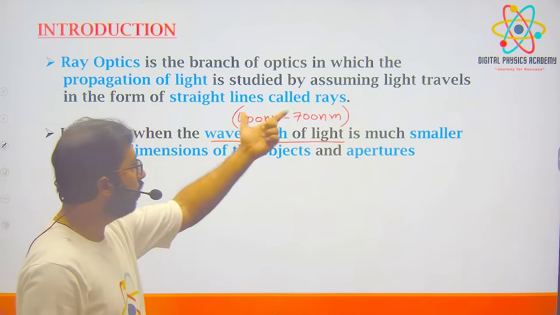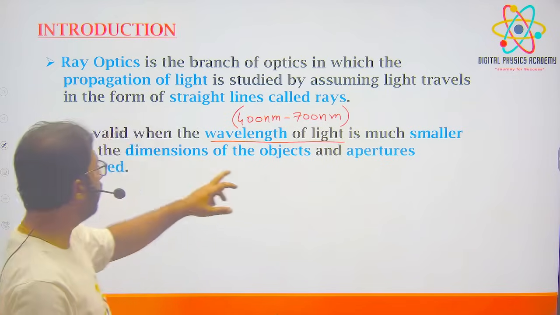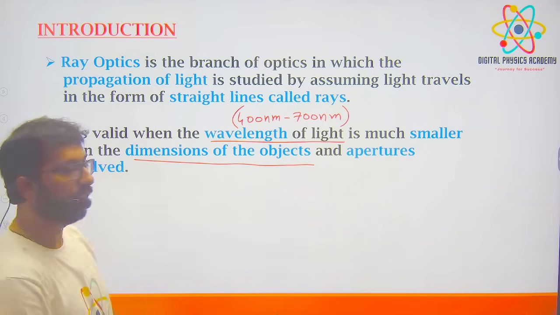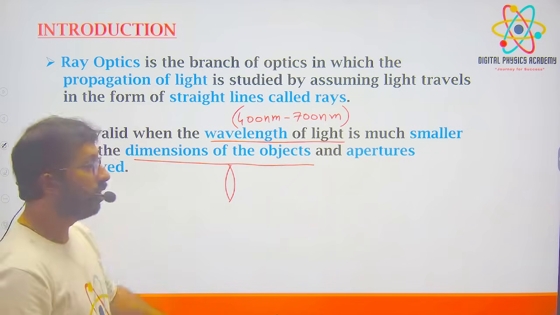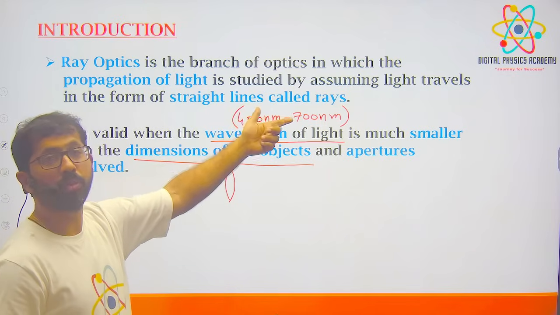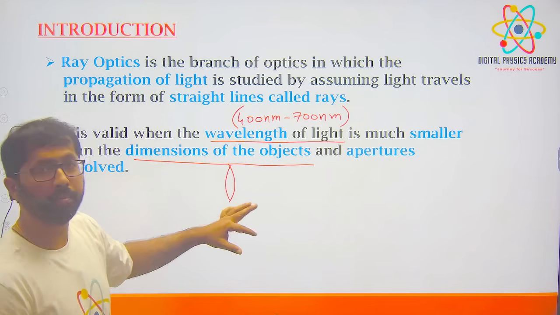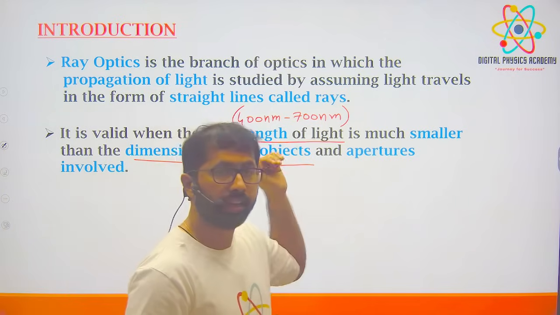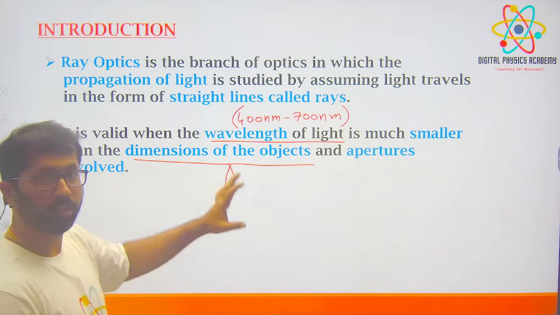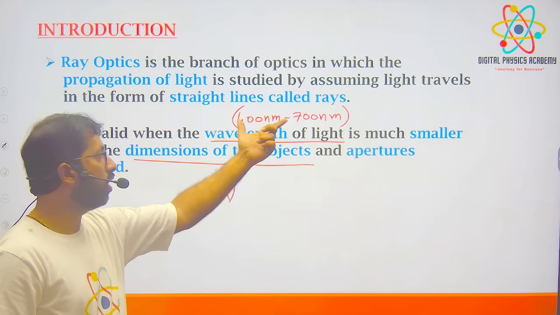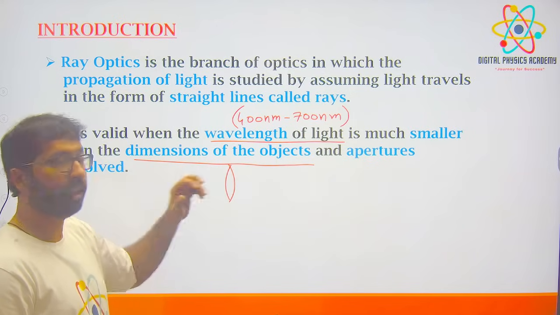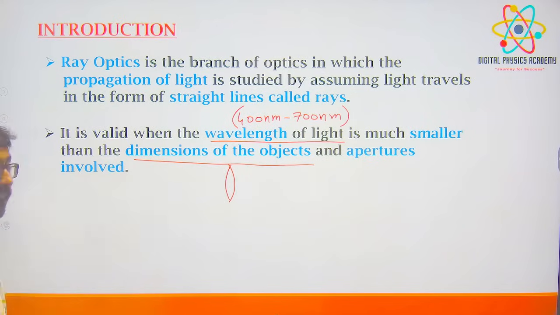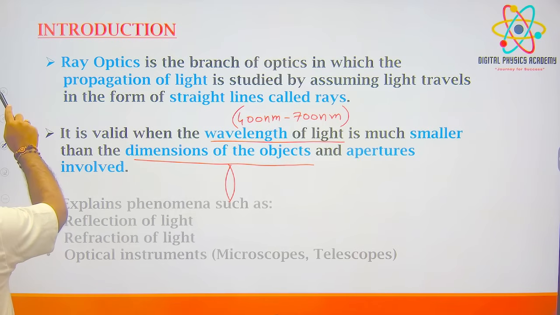This wavelength is much smaller than the dimensions of the object. Like a lens's dimensions, if you see, are in millimeters. So this wavelength is very much smaller than the dimensions. At that time, we are assuming the light is a ray. Ray optics applies because the wavelength of the light is much smaller than the dimensions of the objects and apertures involved. Right?